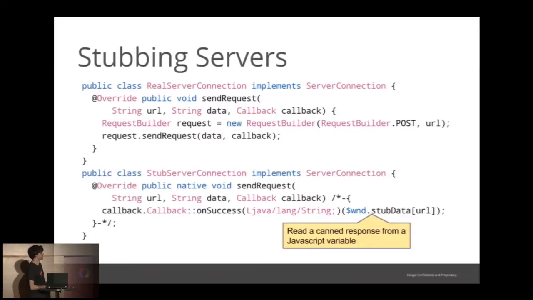So here, the real connection makes an XHR. And in my stub connection here, I'm instead just reading from a global JavaScript value in the page. So rather than making a call down to the server, read from this variable, invoke the callback directly, and then I'll just need a way to configure that variable inside my test.